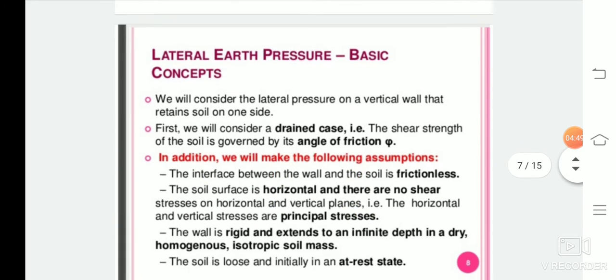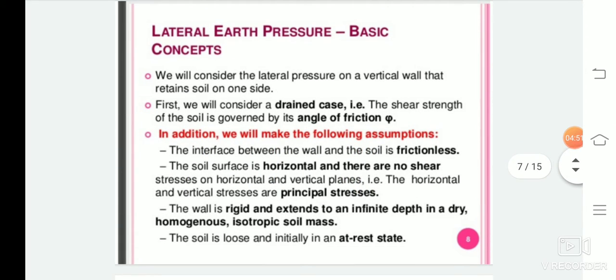Let us go through the basic concepts related to lateral earth pressure theory. In lateral earth pressure theory, we have to consider that the lateral earth pressure is applied on one side of the retaining wall. That means the retaining wall retains soil only on one side.